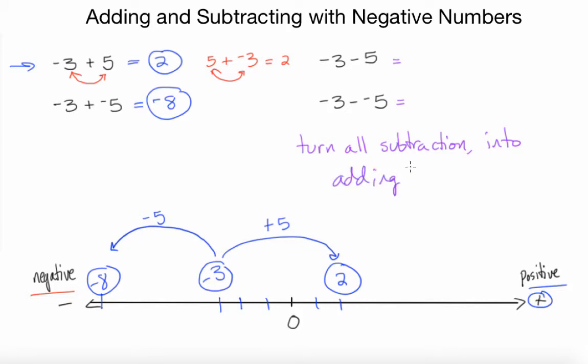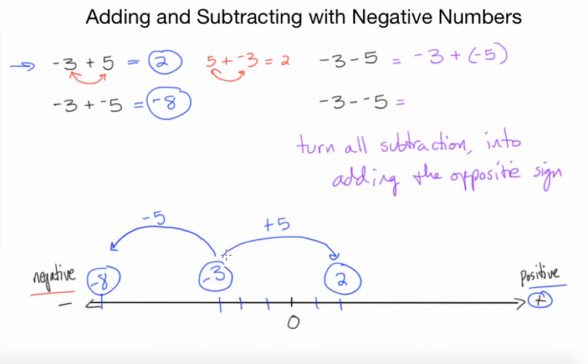You turn every subtraction problem into an addition problem, with the opposite sign. So what does that mean? Instead of negative 3 minus 5, I can think of that as negative 3 plus negative 5.